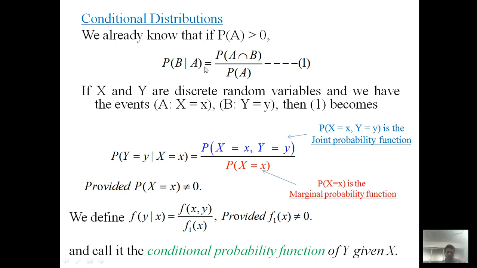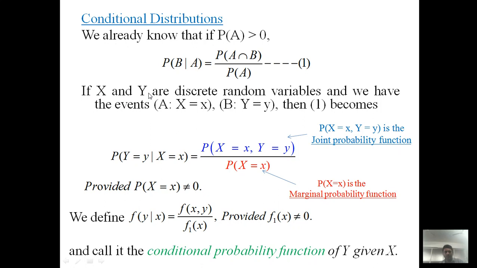This equation is nothing but the definition of conditional probability: the probability of happening of event B when event A has already happened is represented as the probability of A intersection B upon the probability of A. This is just the definition of conditional probability for one dimension. So we just have to extend it to two dimensions.